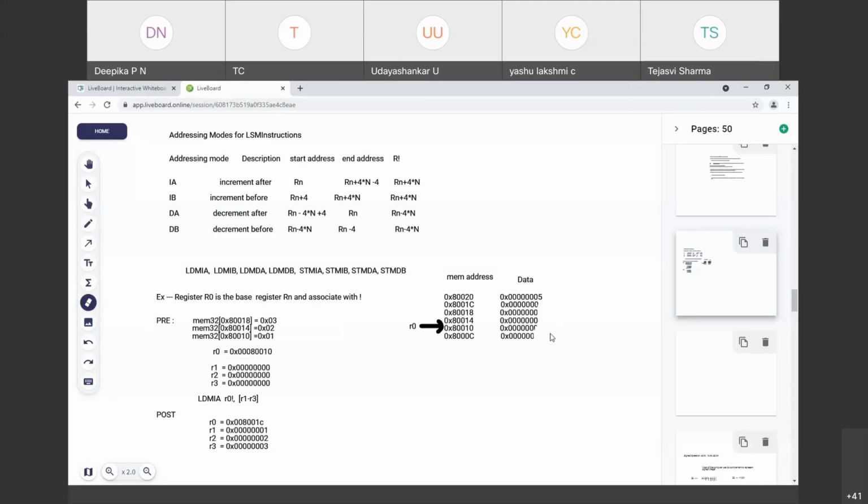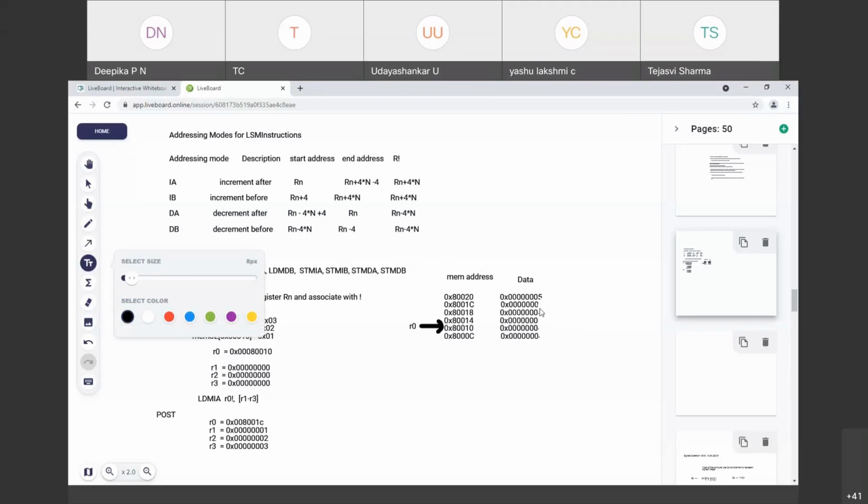Please understand, I could have changed those values like 5, 4, 3, 2, 1, right?